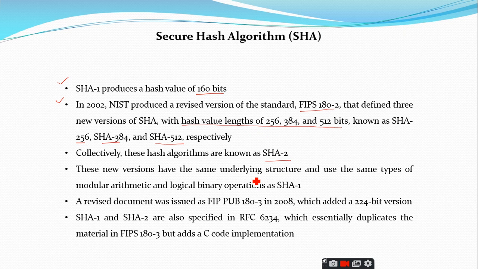Everything is explained clearly. These new versions have the same underlying structure, this also we have told, and they use the same types of modular arithmetic and logical binary operations as SHA-1. And in addition to this SHA-2, NIST has proposed FIPS 183 in 2008, which is having a 224-bit version.